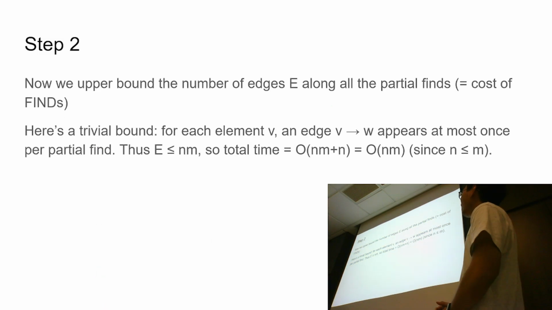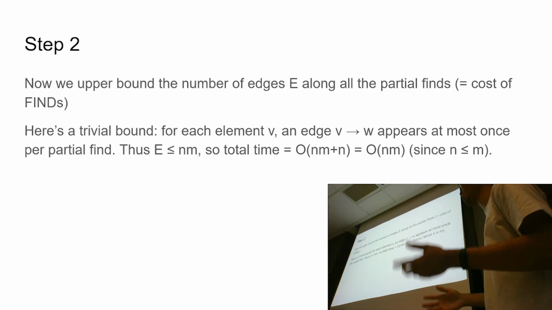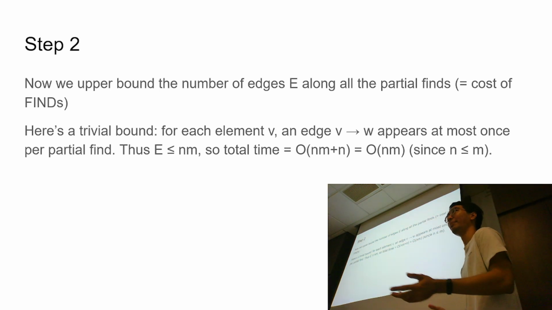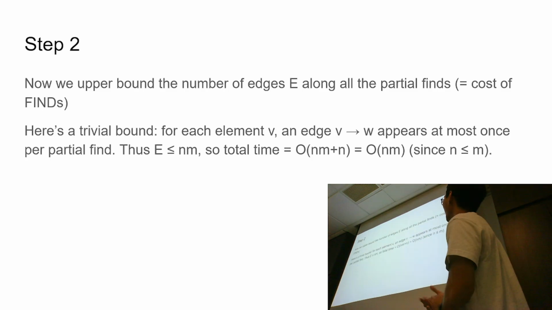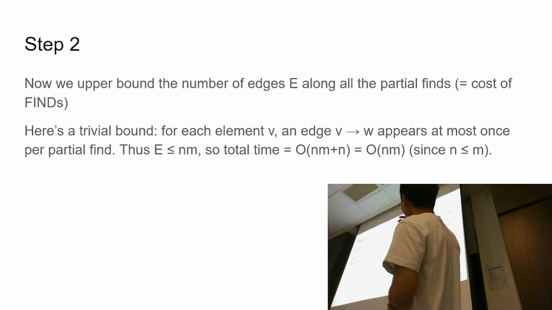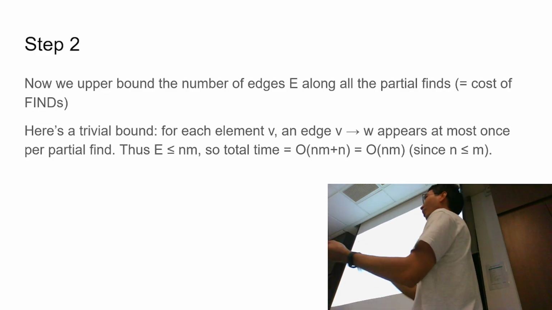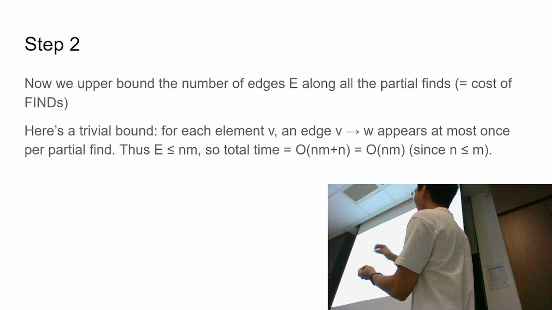So now, after we made this transformation of the problem, we have to bound the number of edges along the partial finds, because that's where the main cost of this union and find operation comes from. And then, a trivial bound. We can group all the partial edges by their sources. So all the partial edges from V, all the edges from V1, and so on.